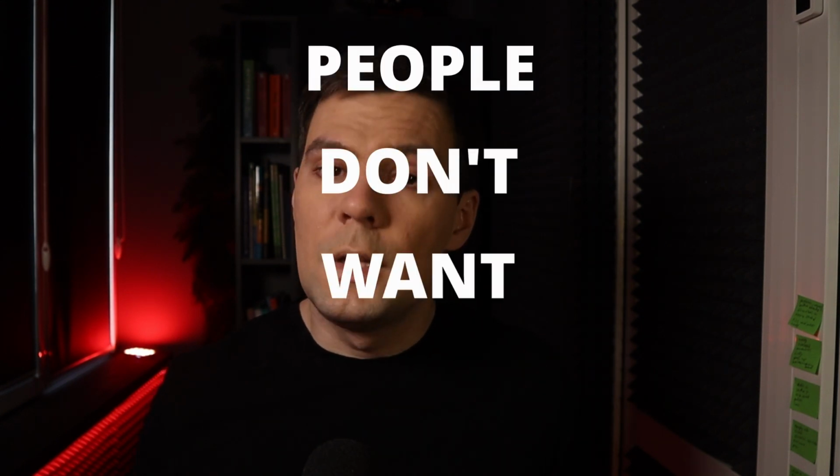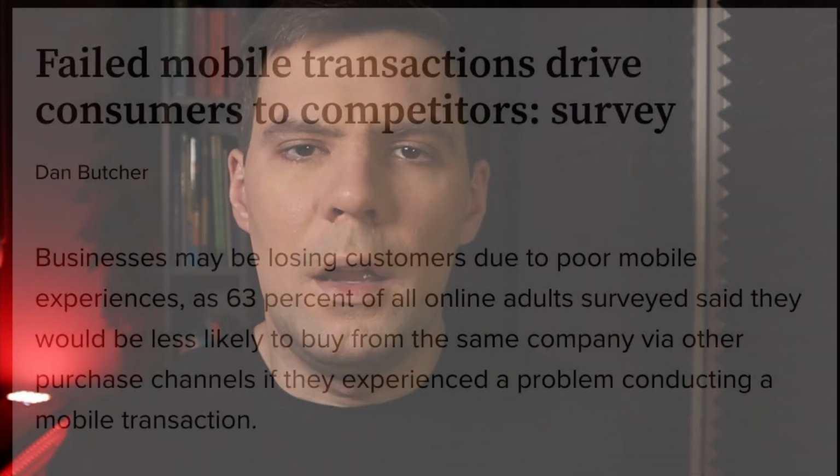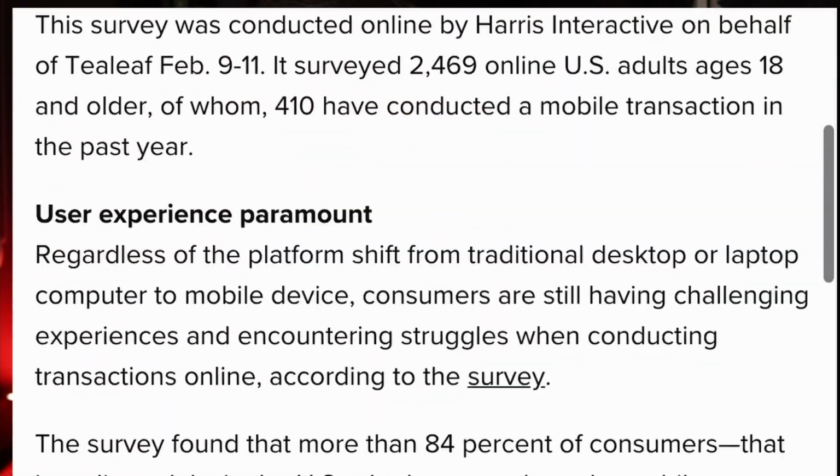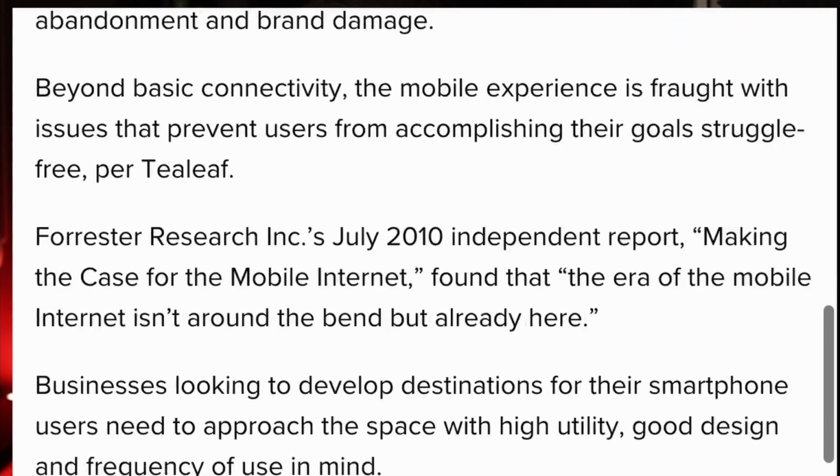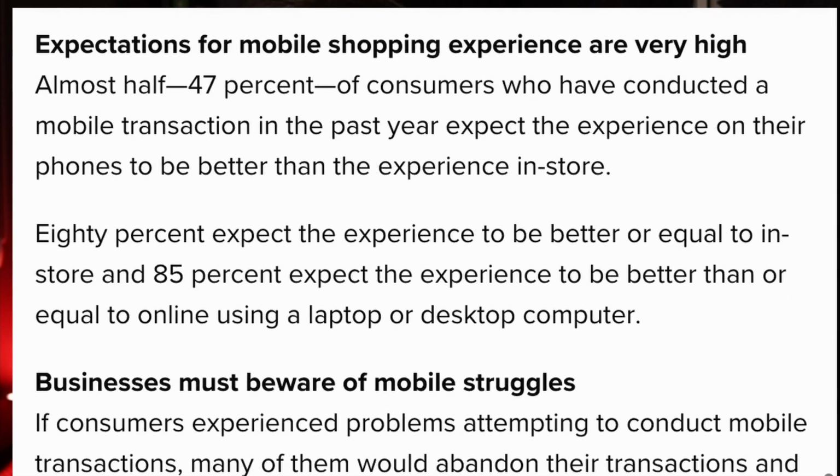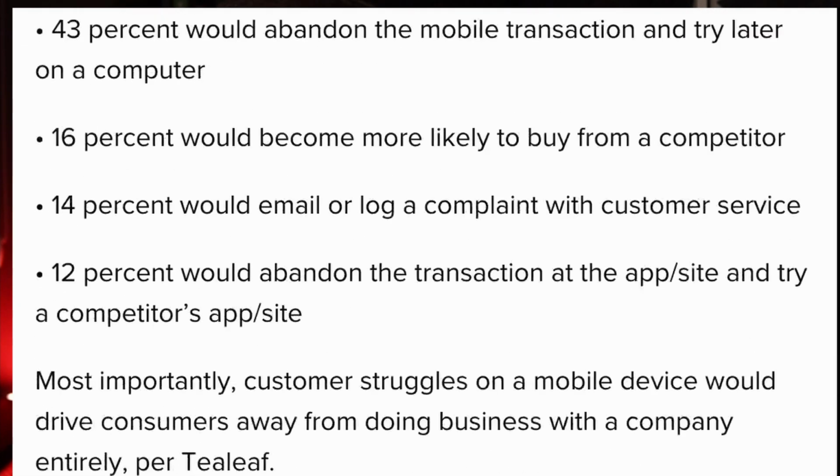The thing is that people don't want to wait. Even if it's a small amount of time, it's still annoying. I found an interesting article that states that research shows that 78% of consumers feel negative emotions as a result of slow or unreliable websites.